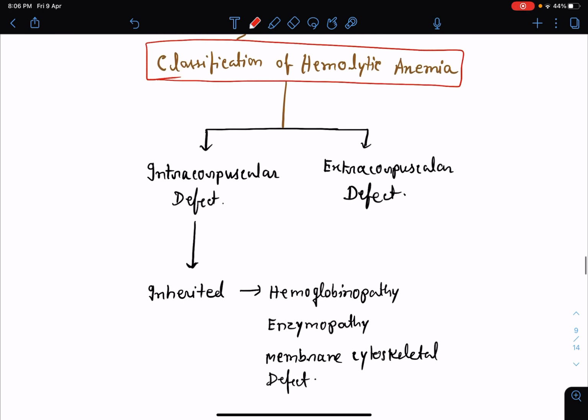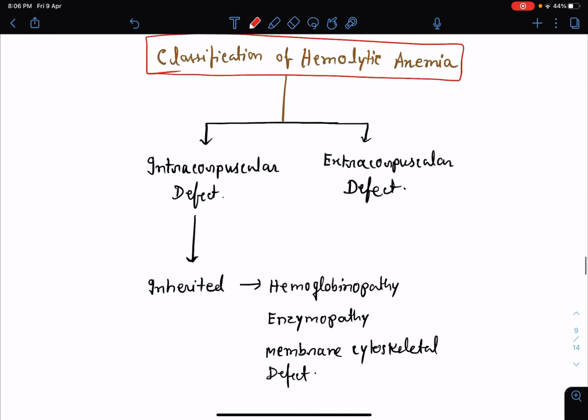Hemolytic anemia can be due to the defect in the RBC itself, which is known as the intracorpuscular defect, or it may be due to some extracorpuscular factor or extracorpuscular defect. Now again, both this intracorpuscular and extracorpuscular defect can be subdivided into inherited causes or acquired causes.